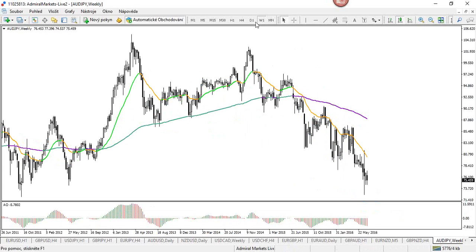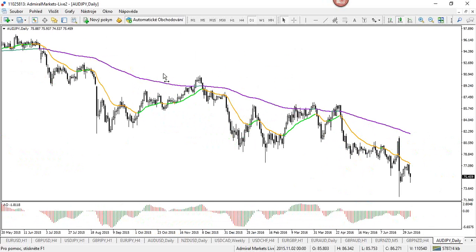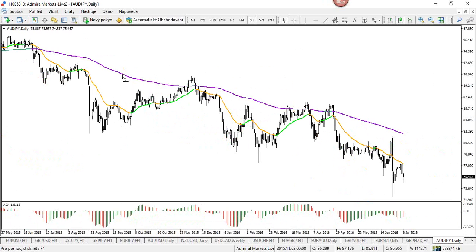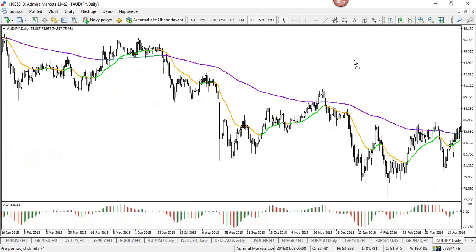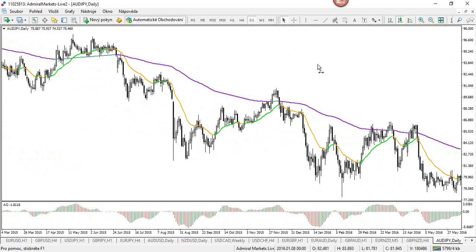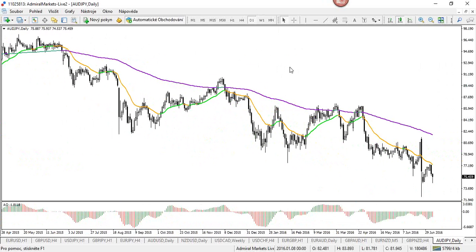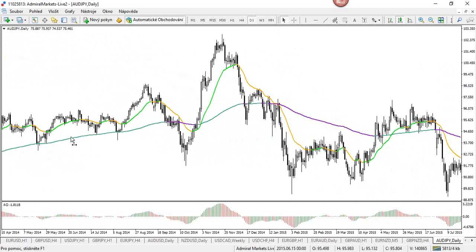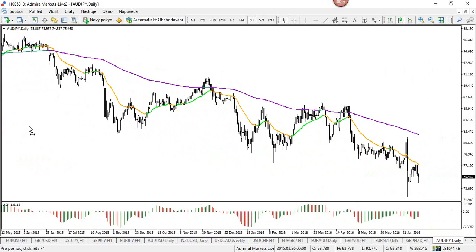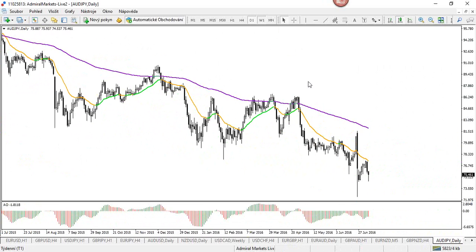Let's take a look at the daily to find a bit more information there. Yeah, it's difficult to find a wave 3 and 4 that meets those rules, and this is looking a bit more corrective because of that.